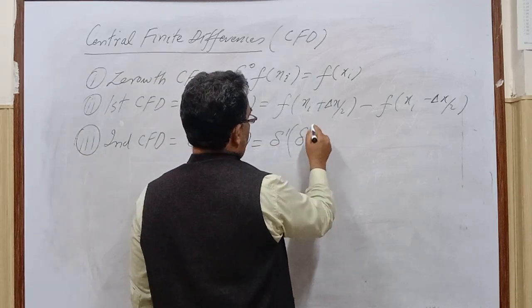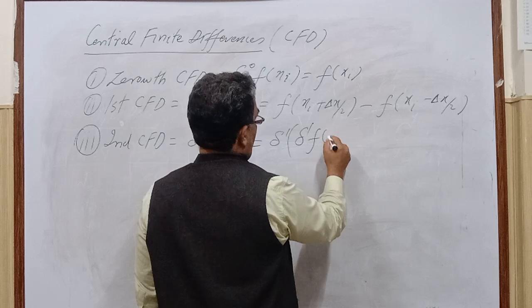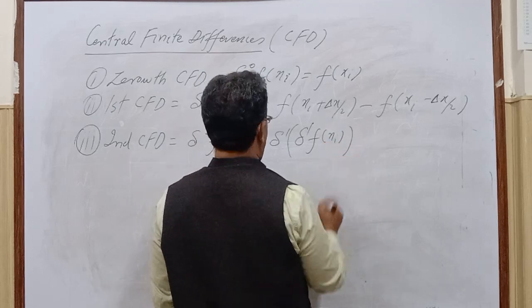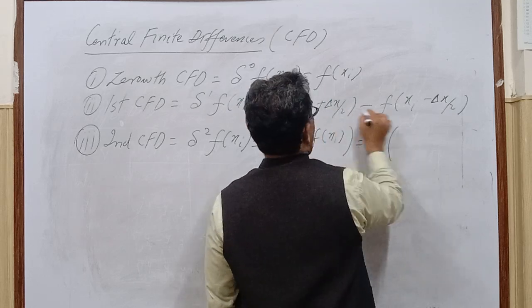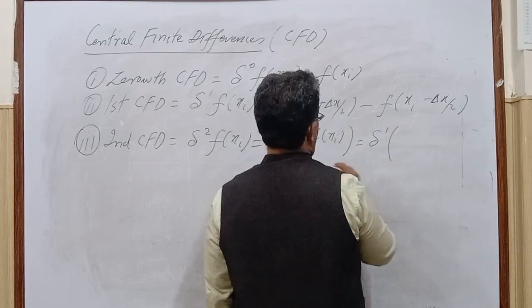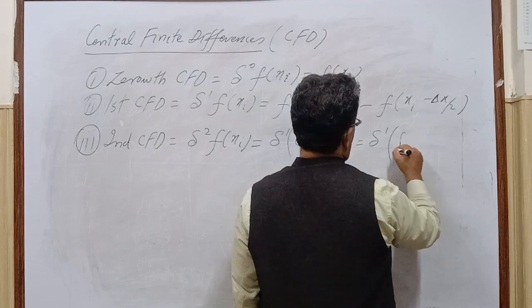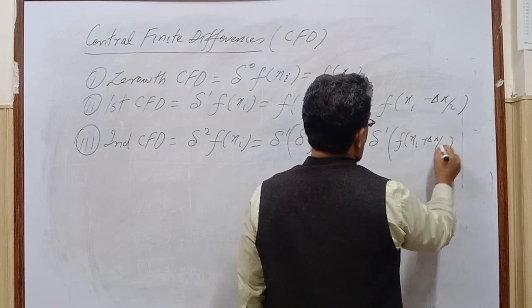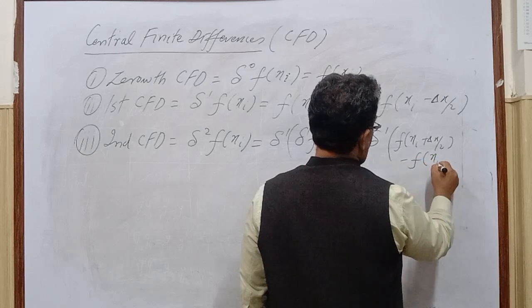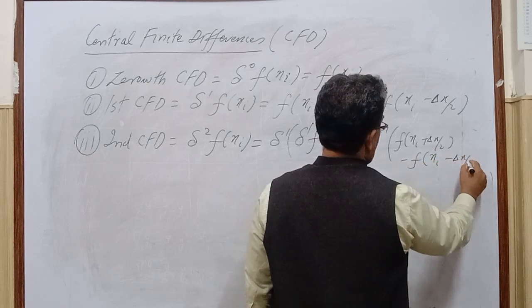Delta 1 of f of xi. So this will be delta 1, and inside this the result can be written for the first level CFD. This is f of xi plus delta x by 2 minus f of xi minus delta x by 2.